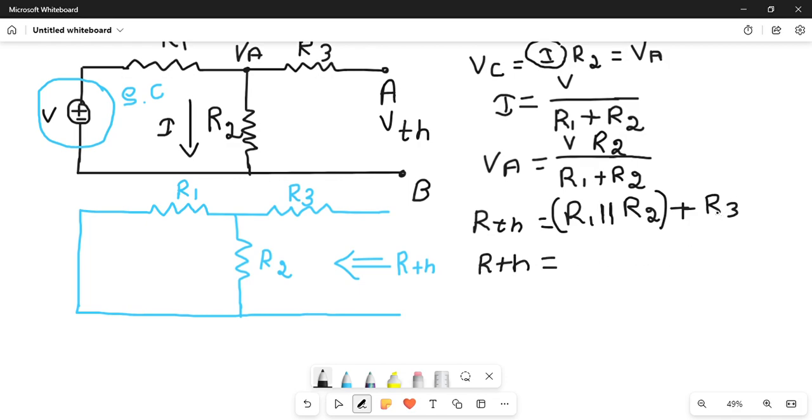So it is R1 into R2 divided by R1 plus R2, plus R3. Now I have to take things into common, so we take R1 plus R2 as common.